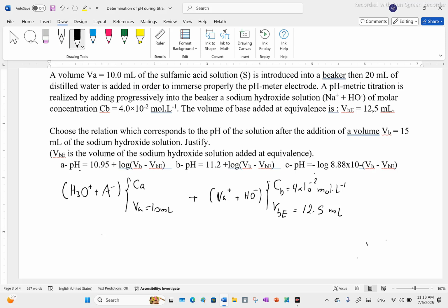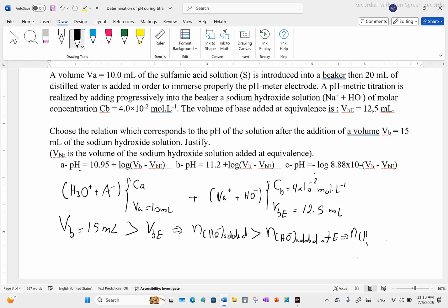Then for VB equal to 15 milliliters, that means greater than VBE, the number of moles of HO⁻ added is greater than the number of moles of HO⁻ added at equivalence. That means the number of moles of HO⁻ added is greater than the number of moles of H3O⁺ introduced in the beaker.